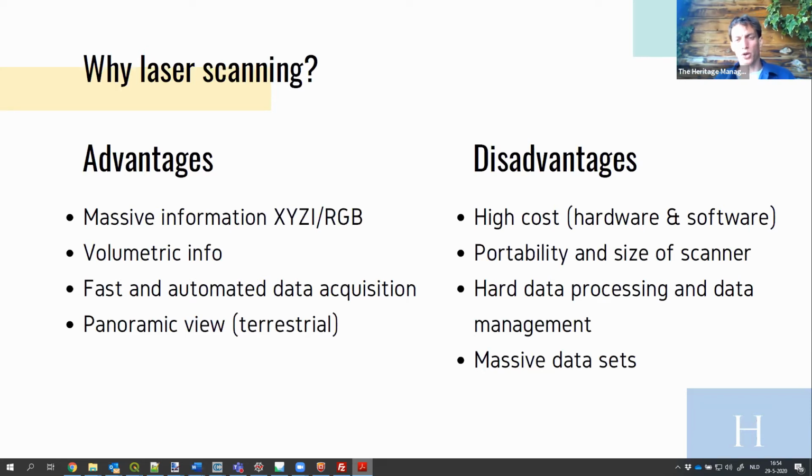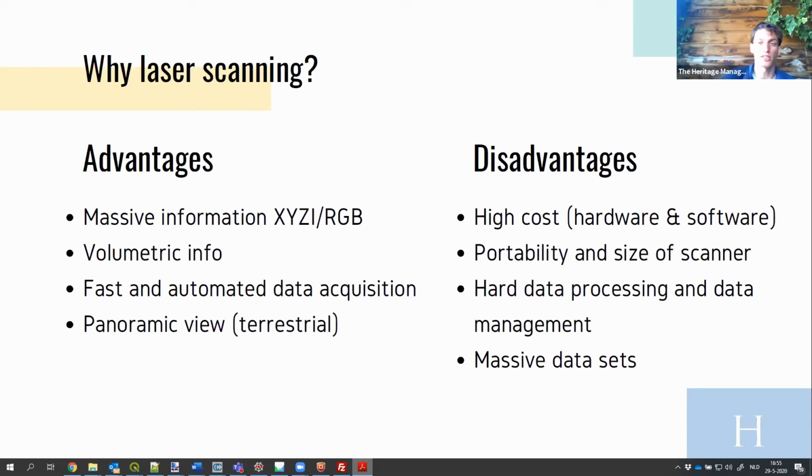But if you want to go to remote areas and you have a conventional scanner, like an HDS or a Trimble scanner, or the C10 scanner that I used yesterday, you should think about several kilograms only for the scanner that goes in a box. The boxes are quite heavy and quite voluminous, so it's not easy to transport them on a plane or take them on your back and go to very remote areas.